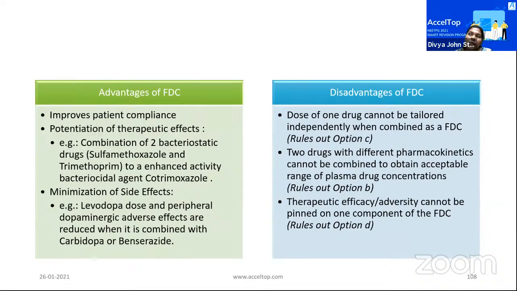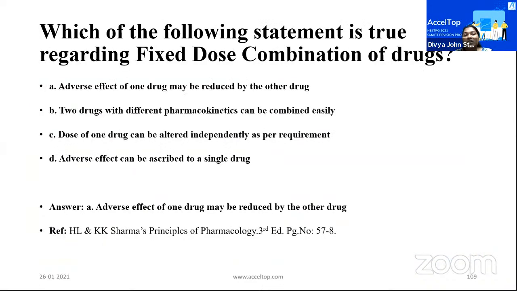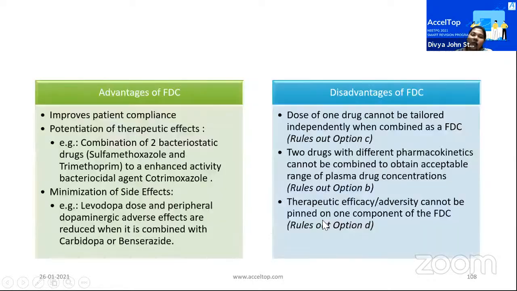Now you've already seen about causality. So we are administering both the drugs together at the same time. So you cannot ascribe the ADR to be related to one drug alone in two drugs given together. Okay. So that brings us to the answer of this question. So the adverse drug reaction of one drug may be reduced by the other drug. The classical example that I gave you is levodopa and carbidopa.